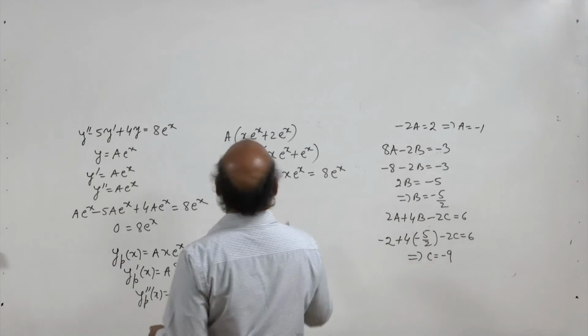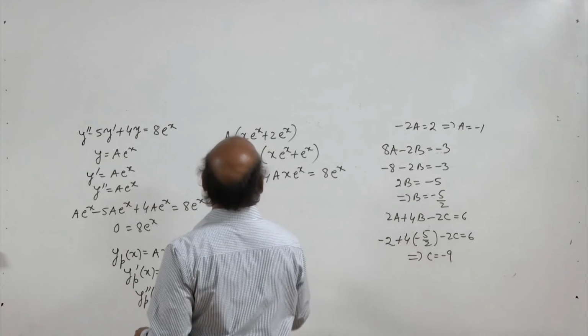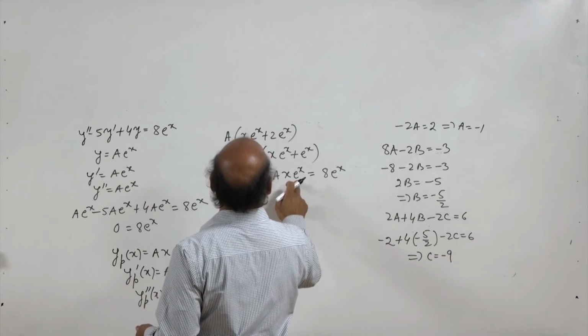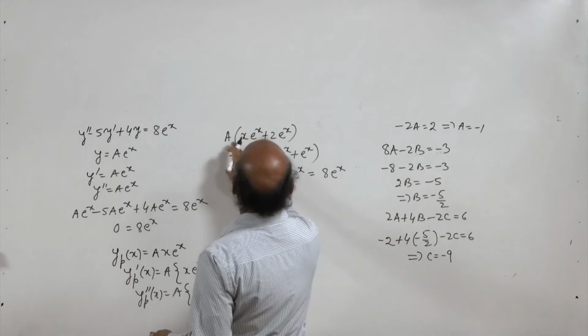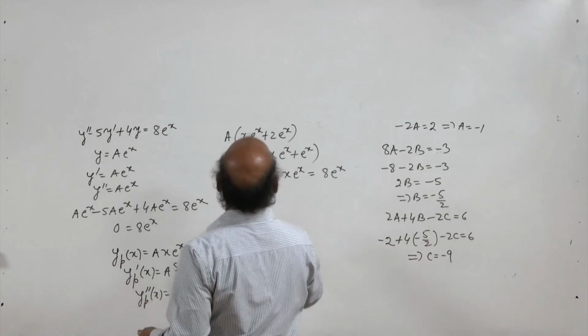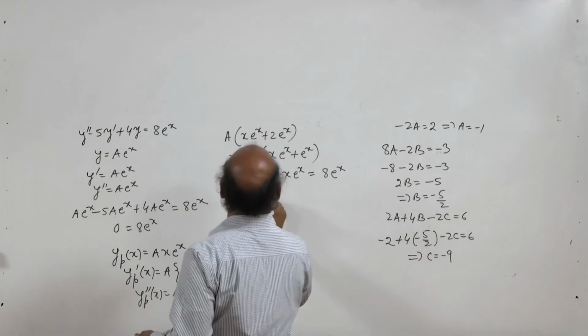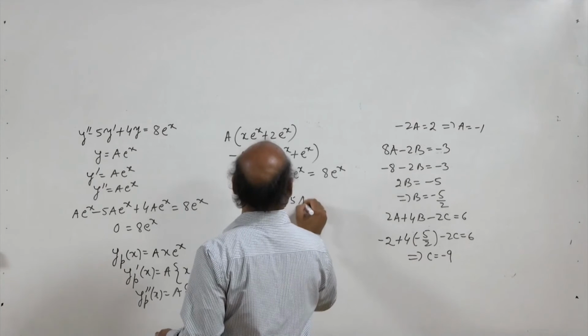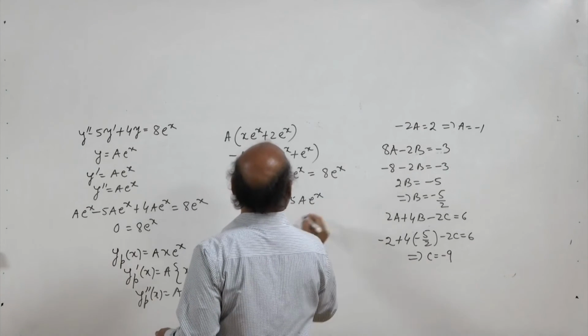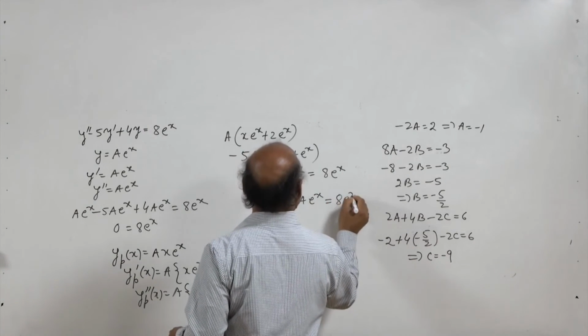Now, let us see what do we get. So, a times x e to the power x, 4a times x e to the power x minus 5a times x e to the power x, they cancel, and what we get is 2a e to the power x minus 5a e to the power x equal to 8 e to the power x.